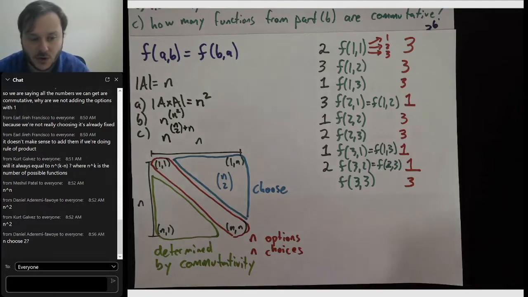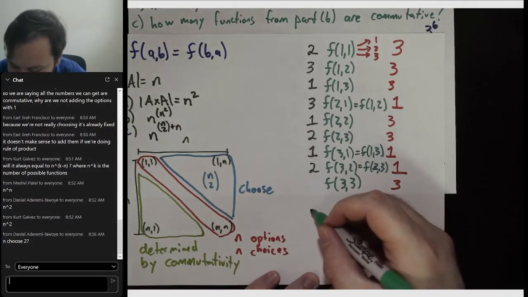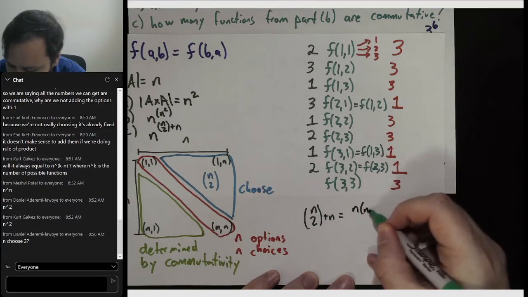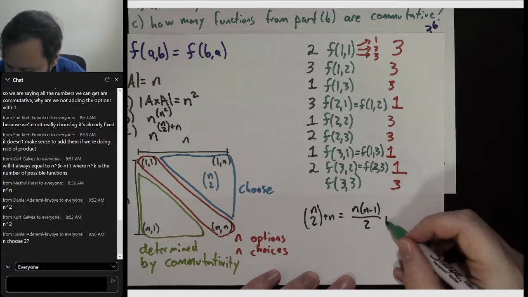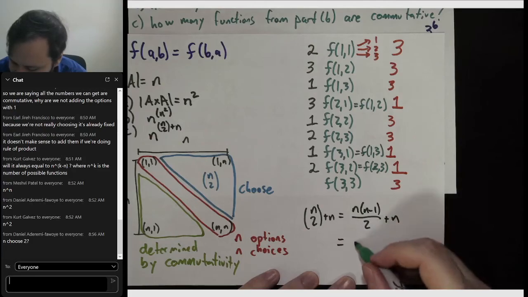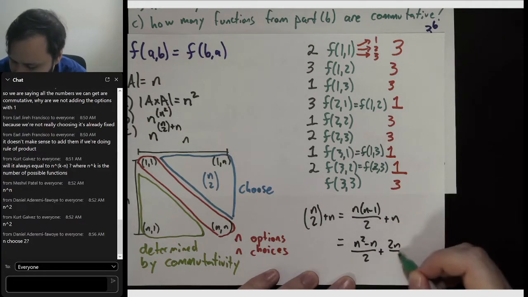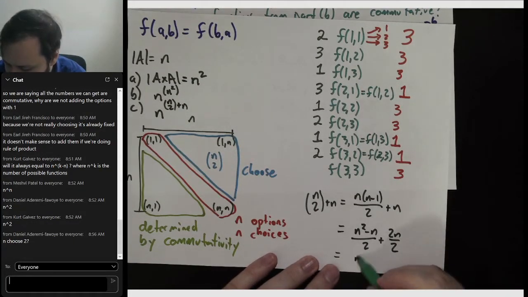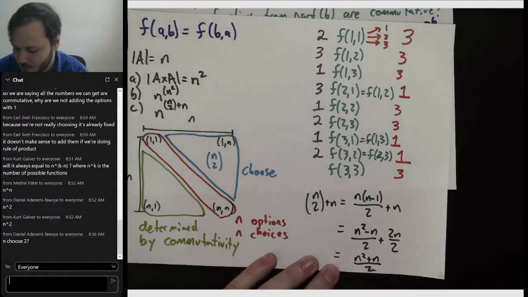And then even more quickly, we can do a little bit of arithmetic. N choose 2 plus n is equal to n times n minus 1 over 2 plus n, which is n squared minus n over 2 plus 2n over 2. Combine these together, I get n squared plus n divided by 2.